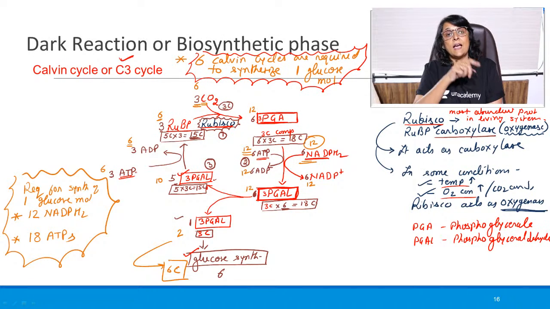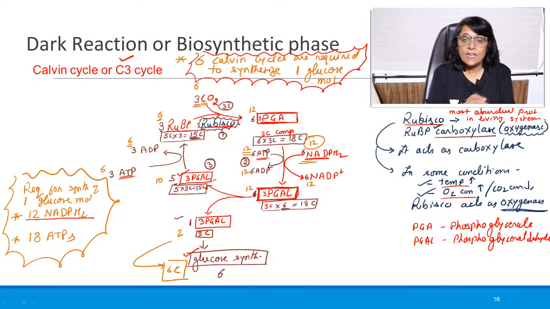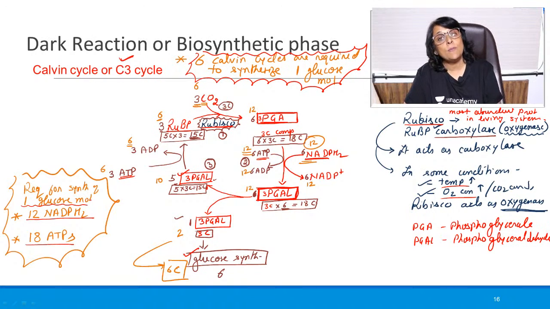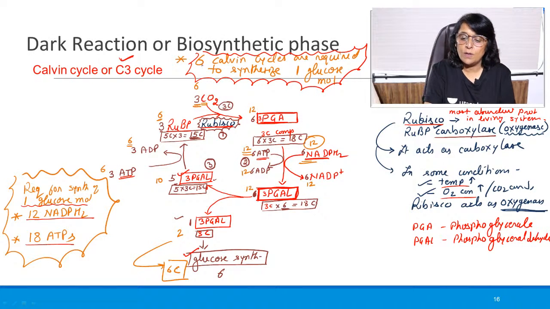So if we have to sum up the requirement, 12 NADPH2s and 18 ATPs are required to synthesize 1 glucose molecule. And how many Kelvin cycles take place to synthesize 1 glucose molecule? 6 Kelvin cycles.